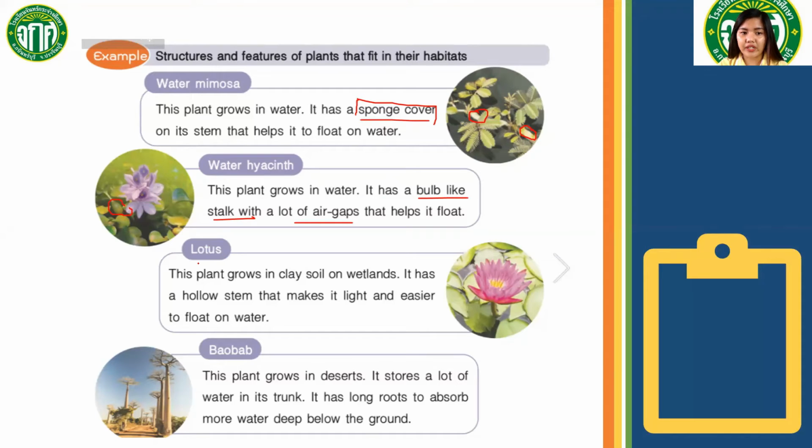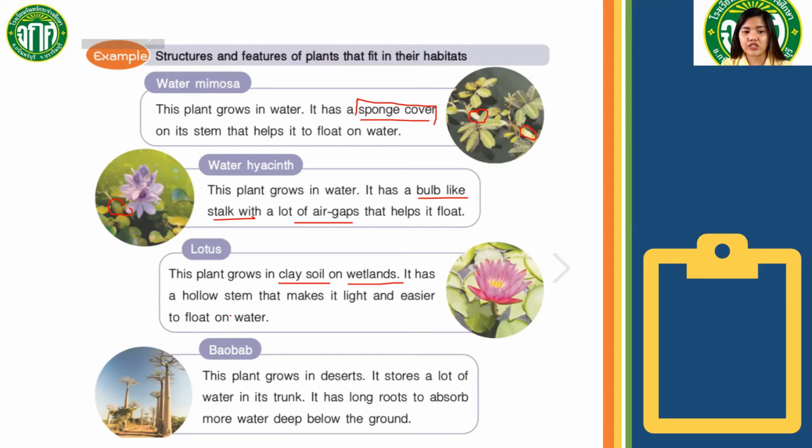Okay. Number 3, we have here lotus. So this plant grows in clay soil or wetlands. It has a hollow stem that makes it light and easier to float on the water. Okay, so this lotus can grow in the clay soil and wetlands.